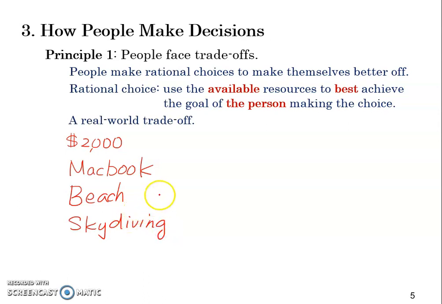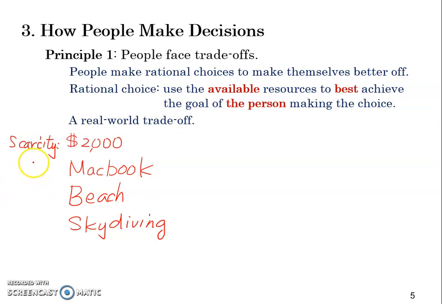All right. Now here we find that the $2,000 in this case would be our scarcity. Of course, we're using a monetary resource as an example, specifically $2,000.